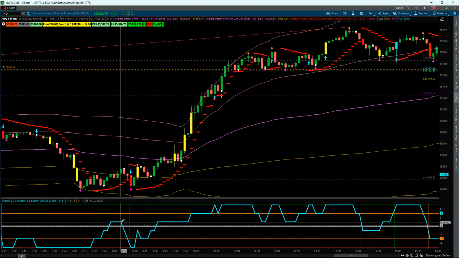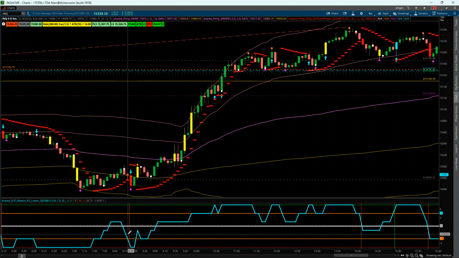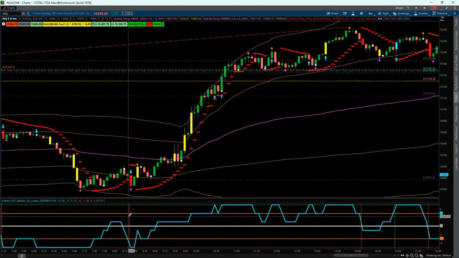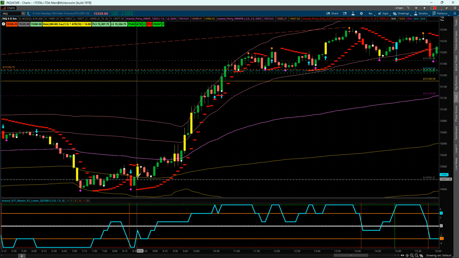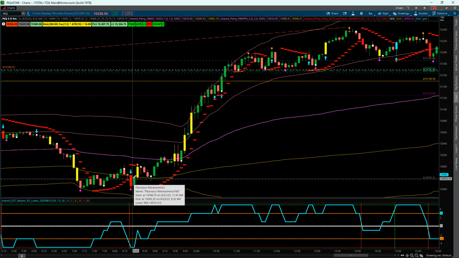In this case, we were +1 and we went all the way to -5. As soon as we do that, that gives me that line, and this will highlight red. What you'll see is instantly after that, within 10 minutes, we were back above that level, which indicates to me that that is a false breakdown.